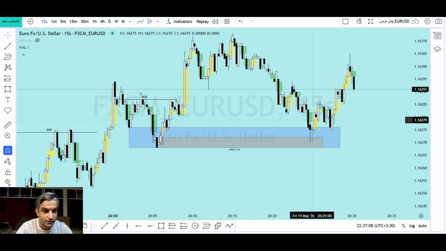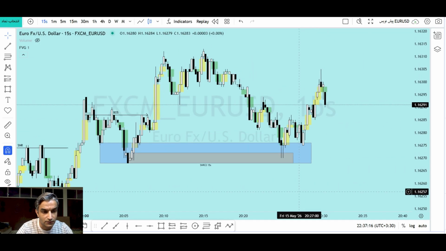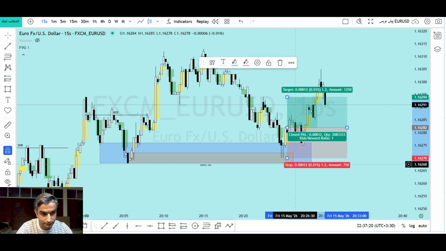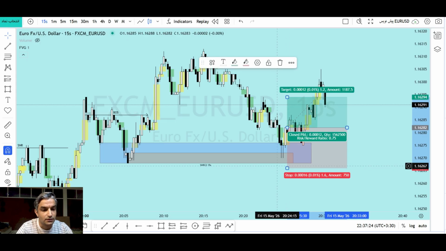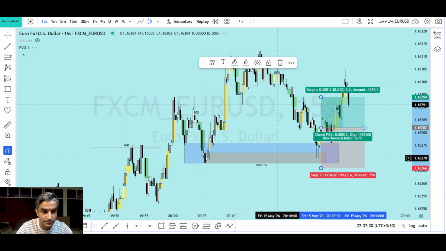Price came back to this area, had the engulfing candle as our confirmation. Then we can enter to this area. Here, put our stop loss lower down our area for buy positions.